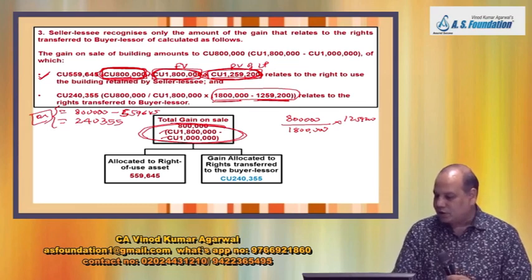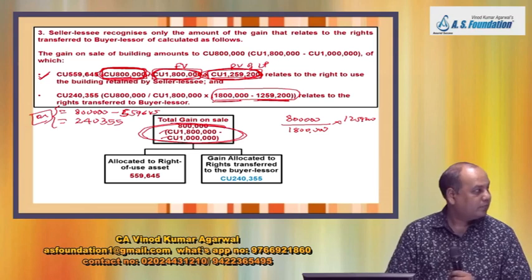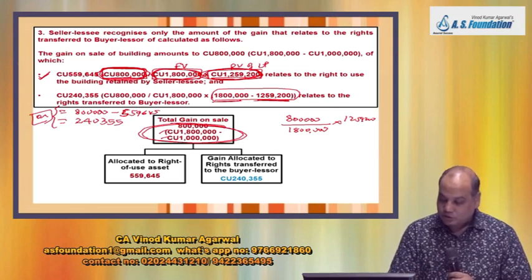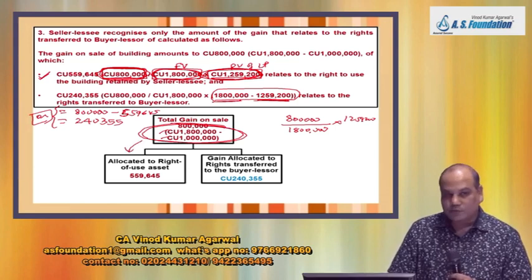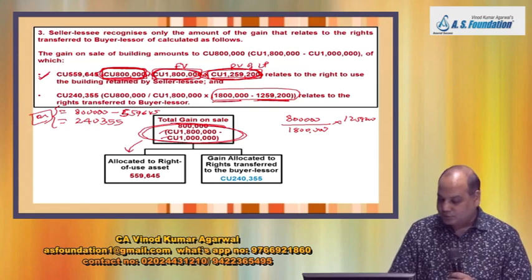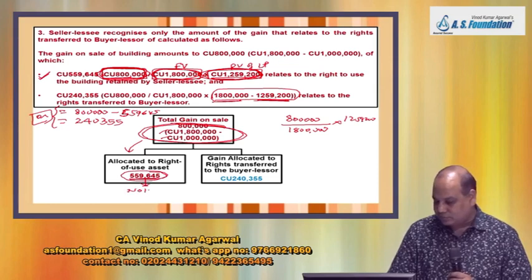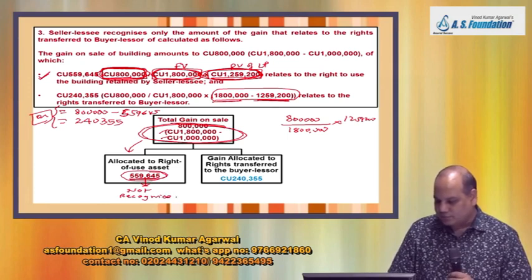If you want to understand again with the help of this diagram, gain on sale is 8 lakh. The portion of the gain related to the right of use asset is 559,645. So this we will not recognize.